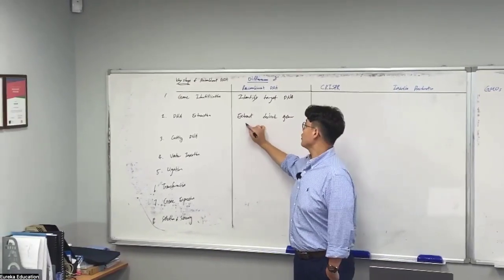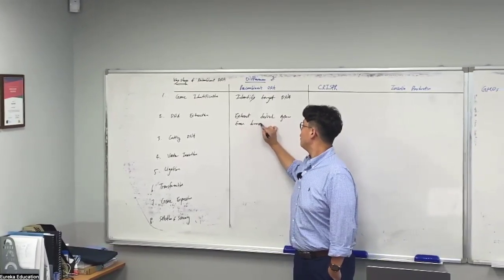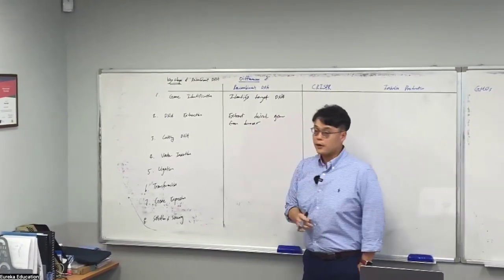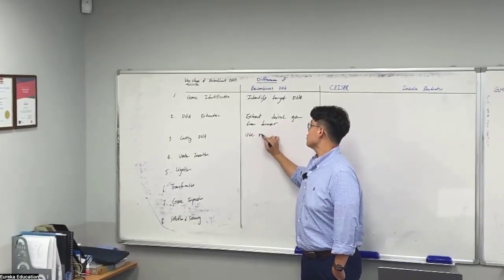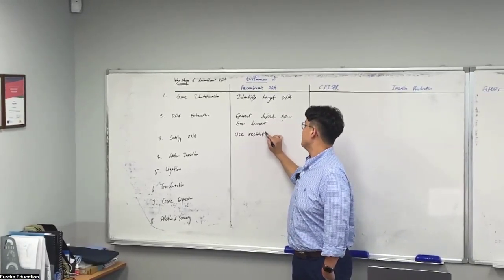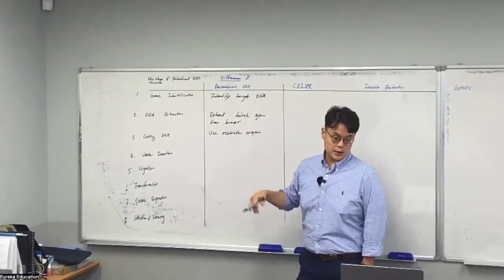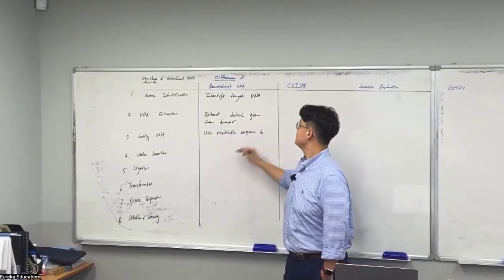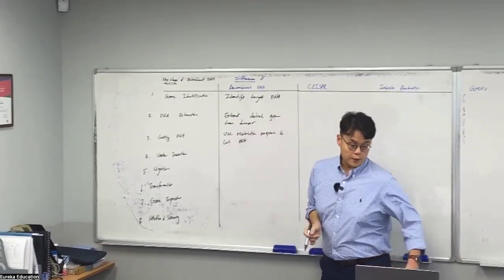From the donor, and then we cut the DNA using the restriction enzyme. And then put it into a vector.